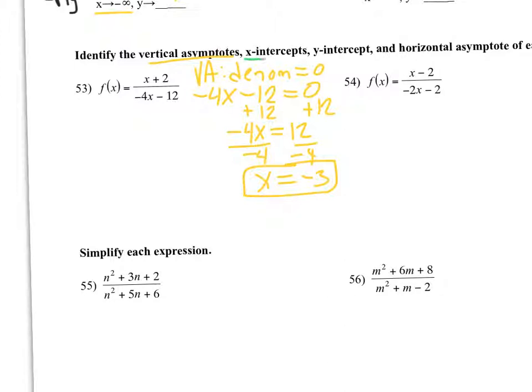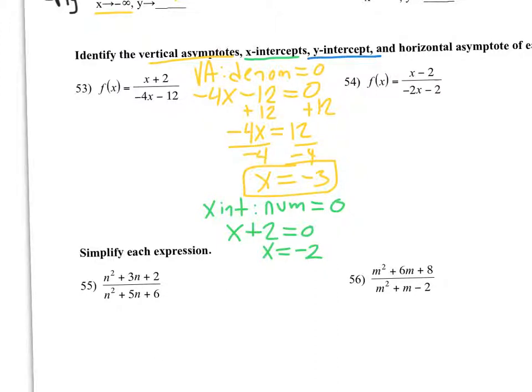Then we'll talk about the x-intercept, because that's next in order. The x-intercept is where y is 0, and we had a shortcut for where the numerator is equal to 0. So we can say that x plus 2 is equal to 0, which means that x equals negative 2 is the x-intercept.